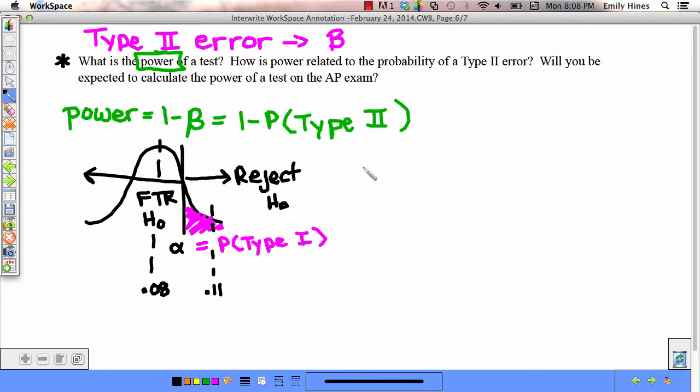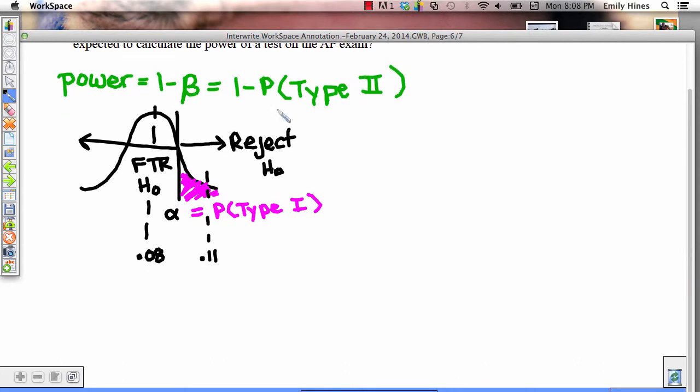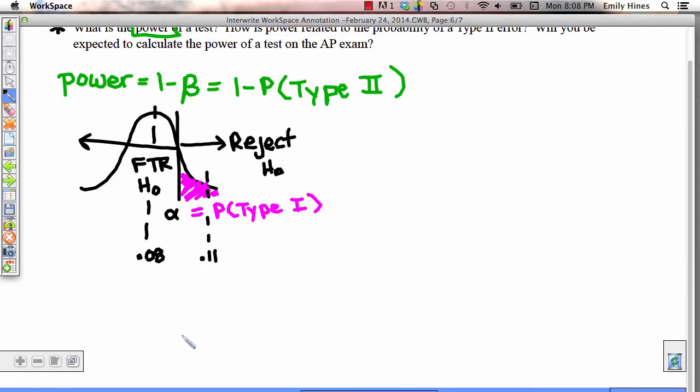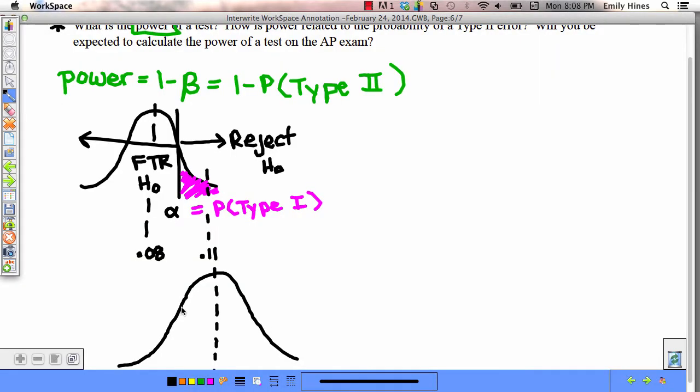Okay? Let's say, alright, what is the probability that I would detect an error if my true value was really 0.11? So if my true value was really 0.11, then 0.11 would be at the center of my curve, and my rejection line, instead of being at the very end, would be here.